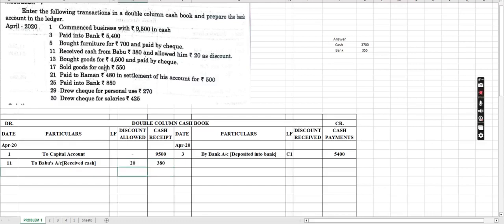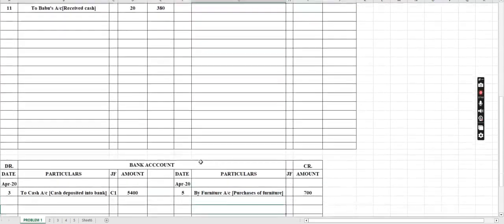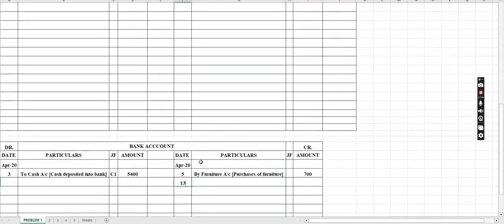See, there is no cash transaction here. Goods are purchased for rupees 4,500 and paid by check. Okay. So on 13th, we will go to bank account directly. On 13th, we will record by purchases.